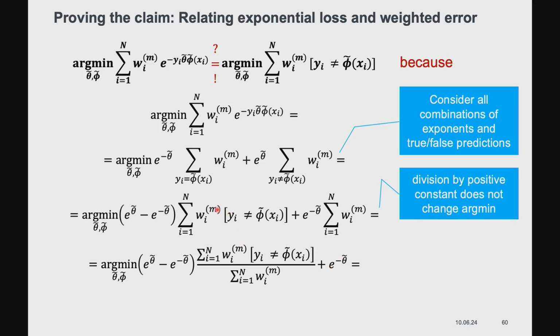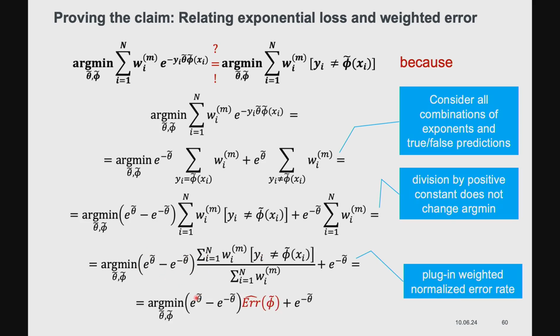And here we have exactly what we had before, namely the error rate. Now this was the weighted error rate for those that are classified incorrectly, multiplied with this term before. So this is this term times the normalized error rate plus this term.